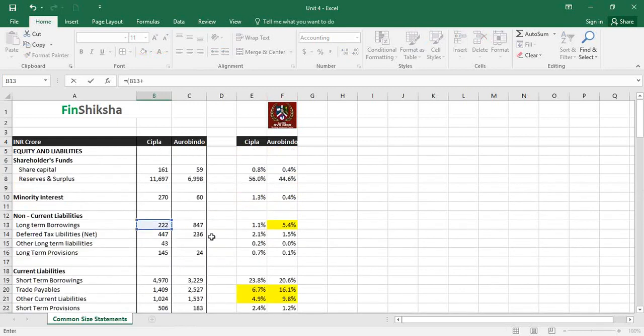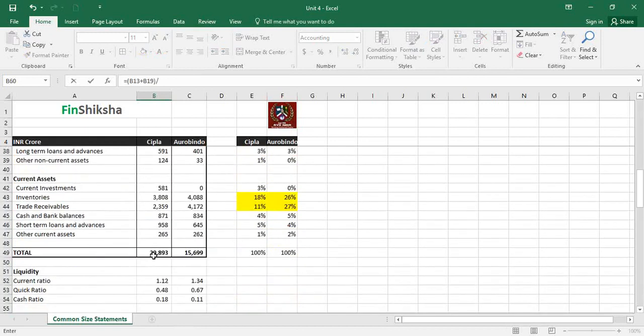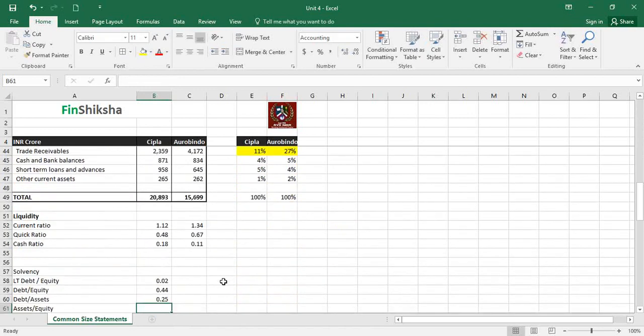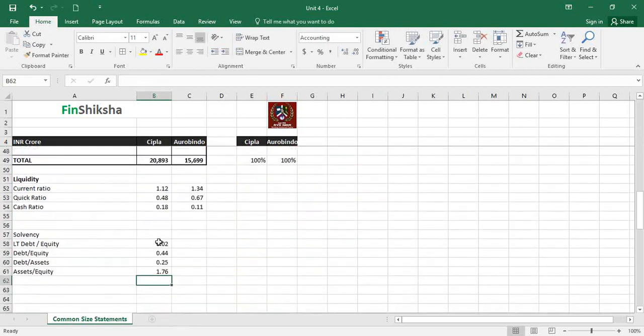That's long-term borrowings plus short-term borrowings divided by total assets or total liabilities. Anything would do. So we calculate total assets and divide it. Assets by equity is assets divided by the sum of share capital plus reserves and surplus, correct? And we close that. So these are the solvency ratios that we see.